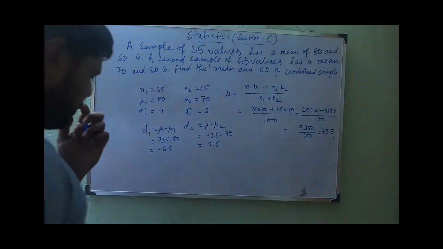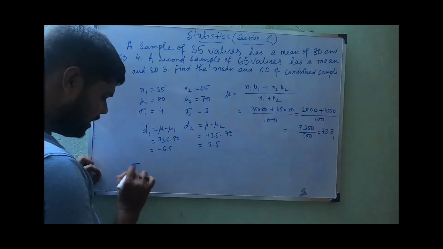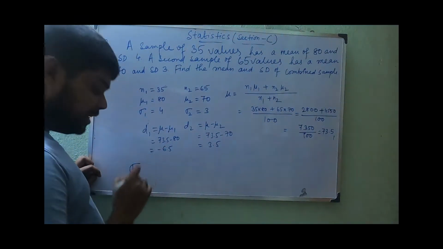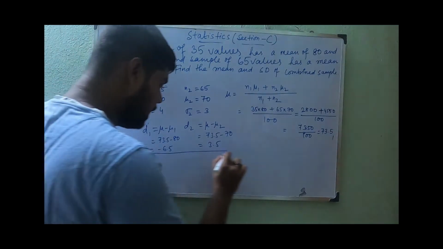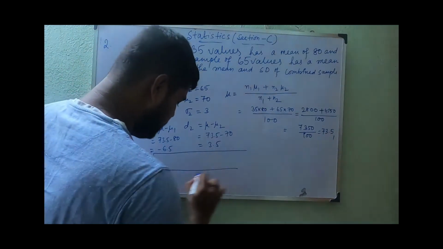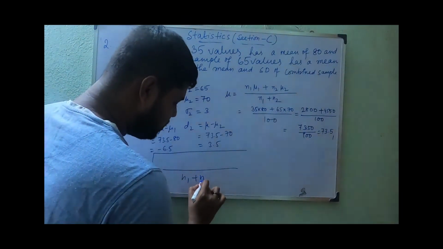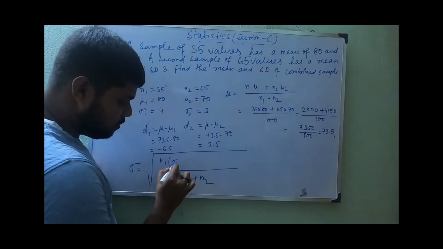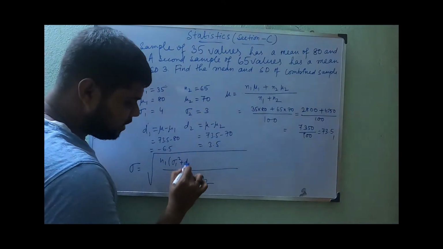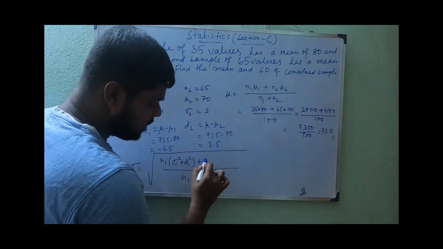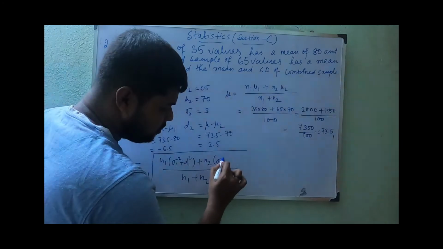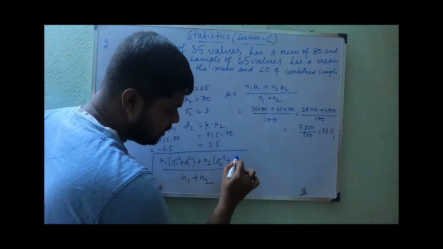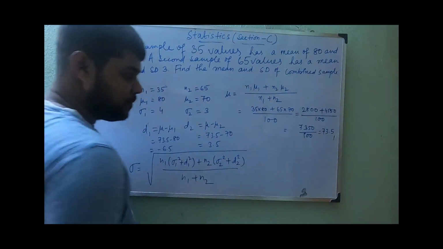So now what is sigma, the combined standard deviation? It is under root, n1 plus n2 in the denominator, n1 into sigma 1 square plus d1 square plus n2 into sigma 2 square plus d2 square.